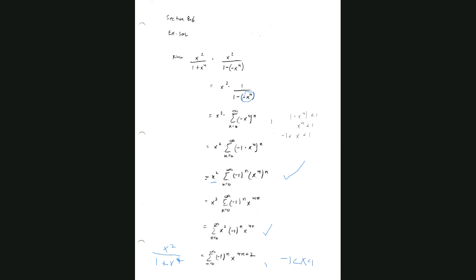And you might notice that the limits of our definite integral fall within the interval of convergence. 0 and 0.3 fall within that interval of convergence. So using the power series to transform the integral is fine.